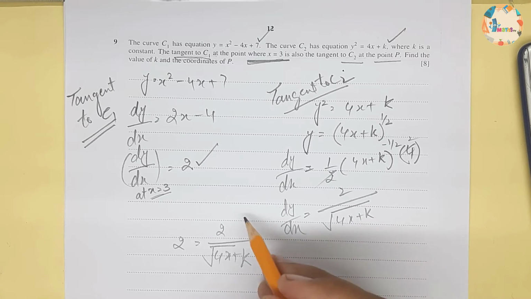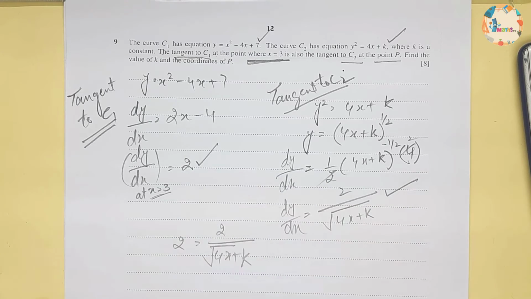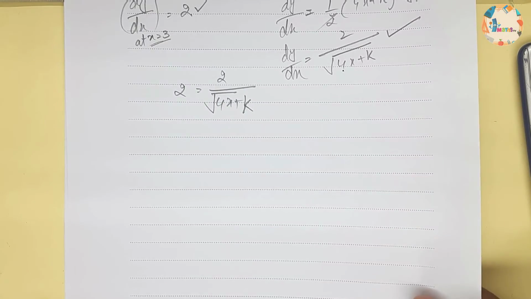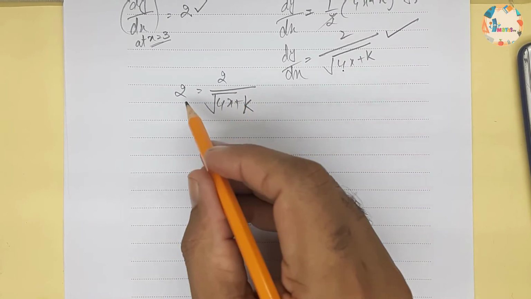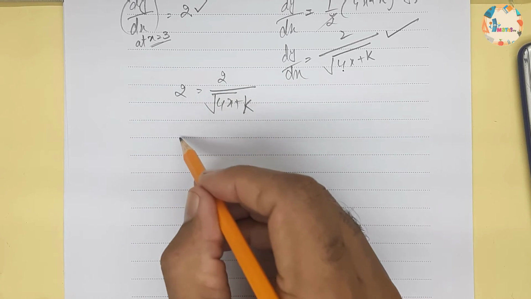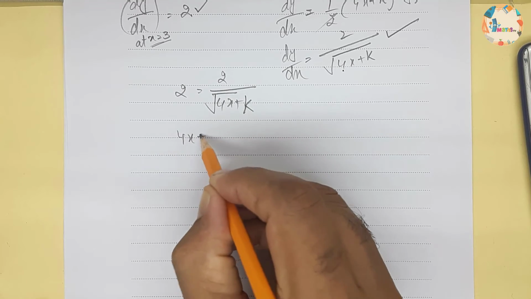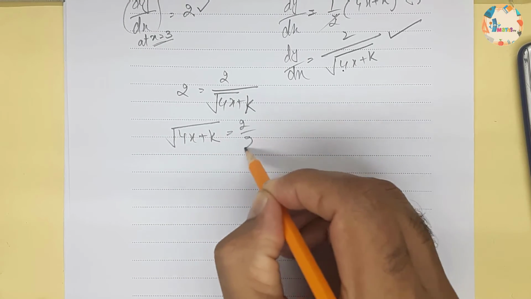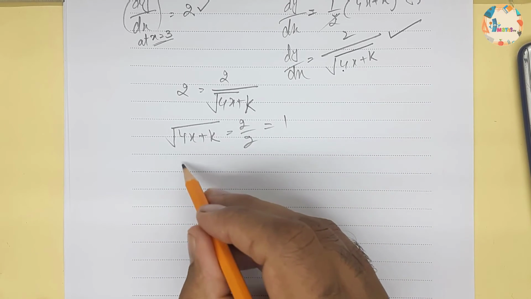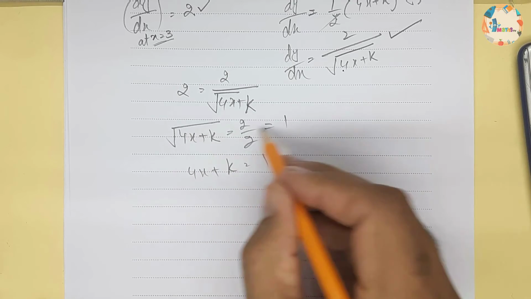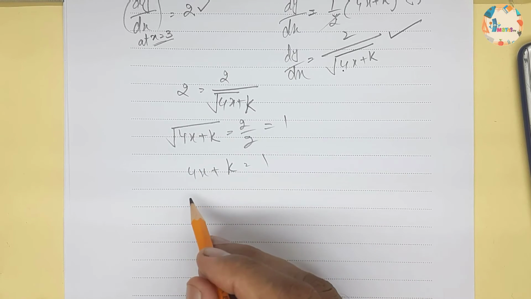So 2 is equal to 2 over the root of 4x + k. Now we have equalized this equation and this equation, and now we can cross multiply, or we can send this to the other side, so root of (4x + k) is equal to 2 over 2, which is equal to 1. So 4x + k will also be equal to 1. We are taking the square on both sides, so we get rid of the root.